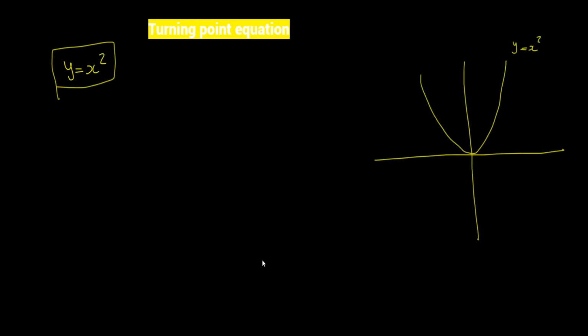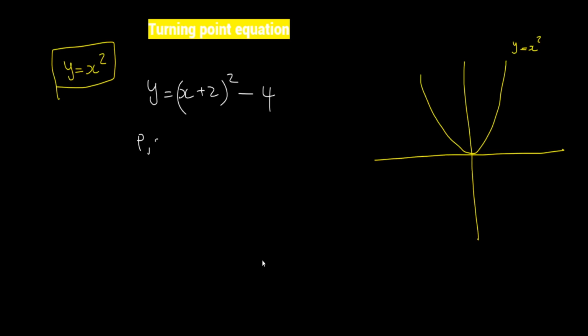So let's do an example to see what the effects of p and q are. The basic equation that we had from the standard form was y equal to x squared. So we're going to build from here, and we're going to have y is equal to (x plus 2) squared minus 4. Here we're going to jot down what we have.